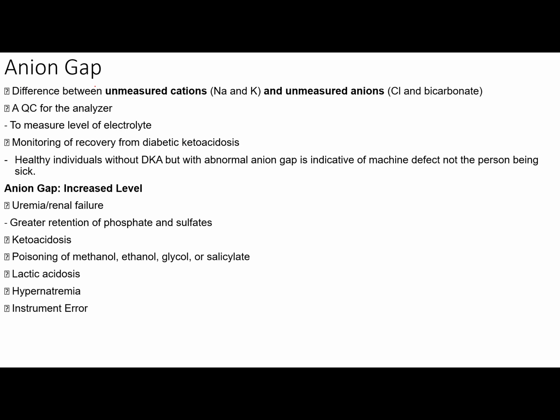Itong anion gap nyo. So anion gap class, take note, is the difference between measured cations, sodium and potassium, and measured anions, chloride and bicarbonate. A QC for the analyzer. So ginagamit siyang quality control to measure the level of electrolyte.